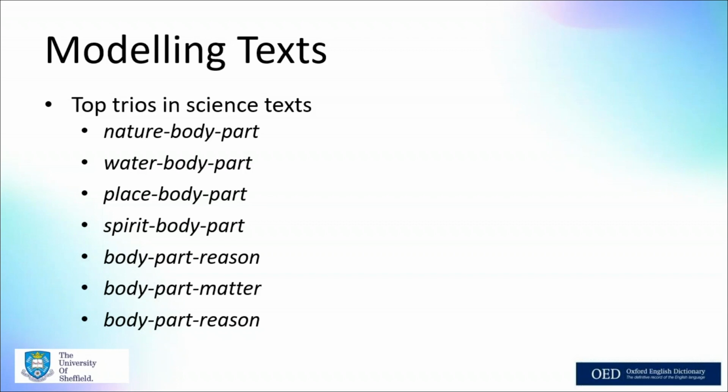What we can say here is, in these early modern science texts, there's an awful lot of discussion about body. Remember, body is a polysemous word, so it doesn't necessarily mean the human body or the animal body. We talk about astronomical bodies and so on. And part, again, is a highly polysemous word. I'm going to come back to that question of these highly polysemous words as well.